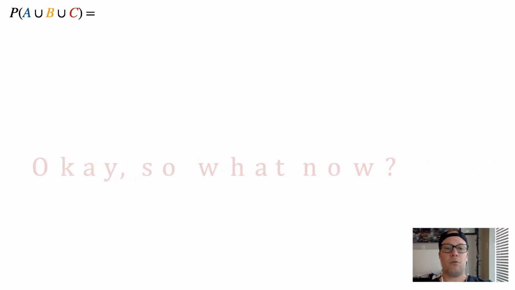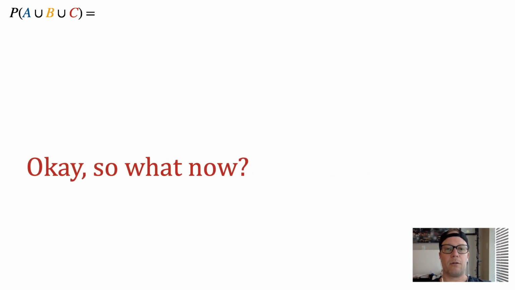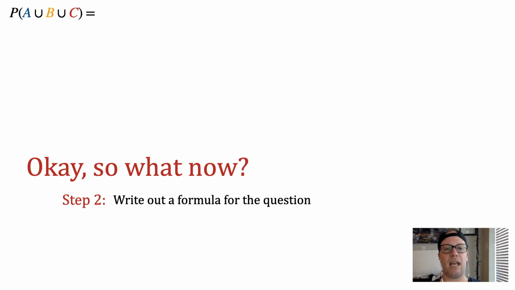Okay, so what do we do now? Well, we need to find a formula for the question itself. We need to know a formula for the probability of A union B union C. I'm not sure if you will be getting a cheat sheet on tests. If you do, you definitely want to have this formula at hand, and if you don't, you definitely need to remember this formula.